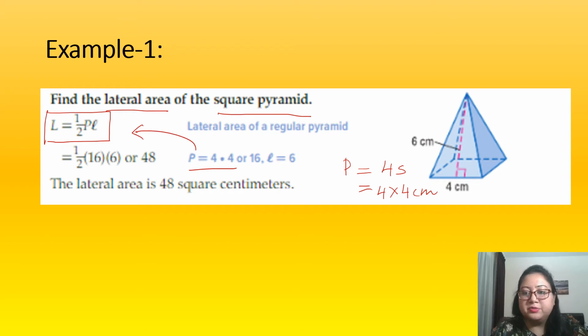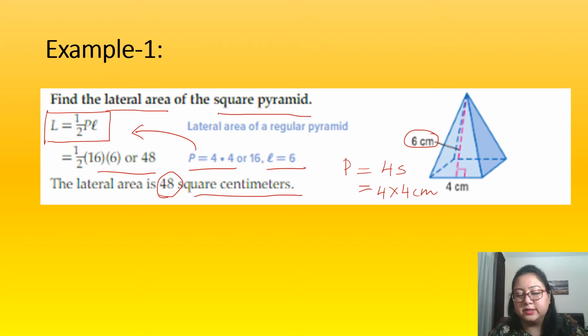And the second thing that we need to put here is the value of the slant height, which is given by small l, as I explained to you when I was telling you the terms for pyramid. And that is also given to you in the question. This pink highlighted height is given as 6 centimeters. So you just have to substitute both the values, and that will simplify and give you your lateral surface area as 48. Again, the unit is very important.